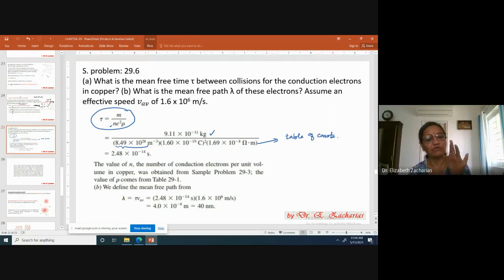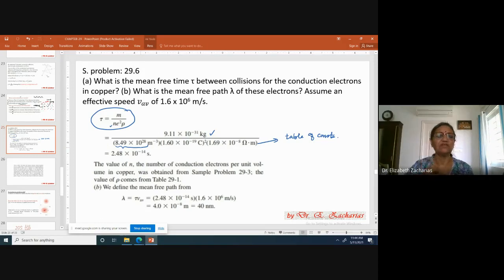Can you imagine what is 10 to the power of minus 14 seconds? 10 to the power of minus 9 seconds is a nanosecond. 10 to the power of minus 14 seconds is just a tiny duration that the electron gets for accelerating because of the field. Within that short time, one more collision, it again loses energy. Again it accelerates, again loses energy.